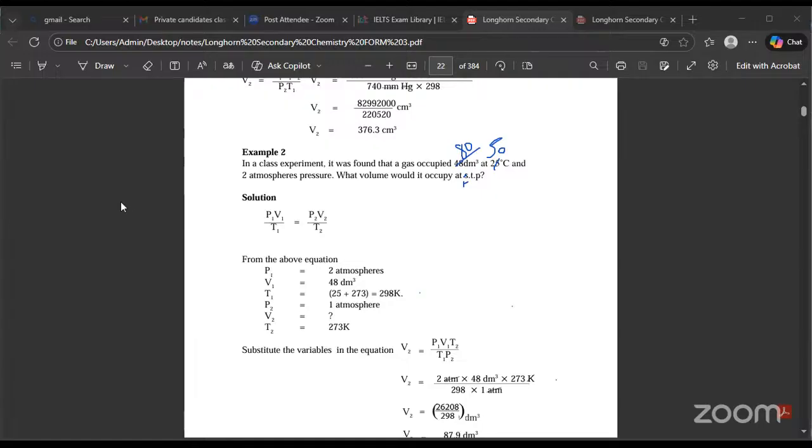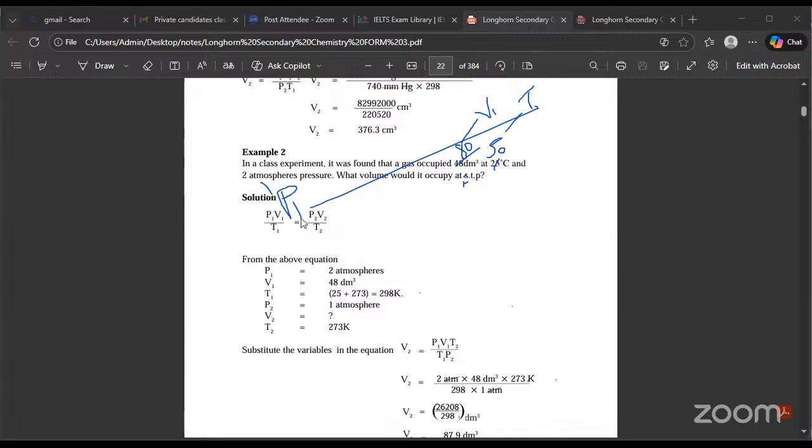Now, what we do first is the same thing. We identify the variables. We say 80 is V1. We have 50 as T1. And then we have 2 atmospheres, sorry about that line, there's a problem, which becomes P1. So we have already identified the variables.